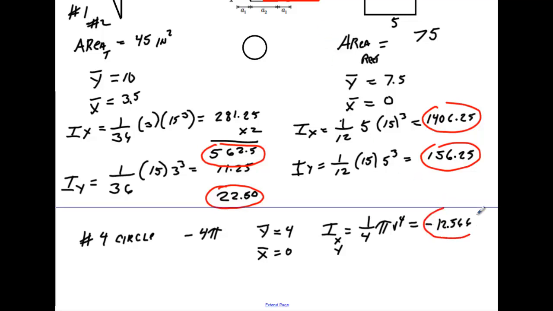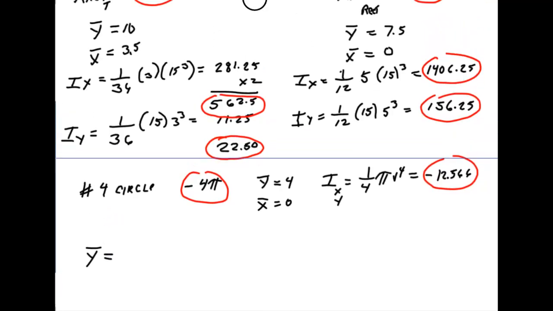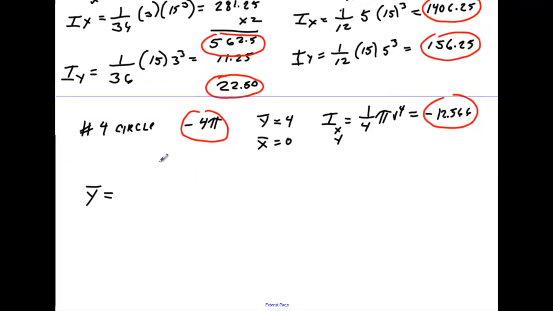We got the inertias, we got the area here, we got the total area here. Let's do our y bar quickly. Y bar is going to equal, we go back, we'll do the triangles first. They have an area of 45 total. So we'll calculate that real quick. That gives me 45. We'll multiply that times its y bar, which is 10, plus the rectangle, which is 75, times this y bar, which is 7.5.